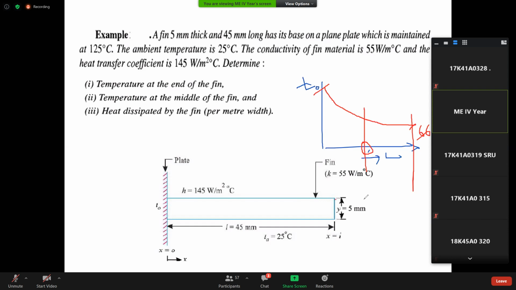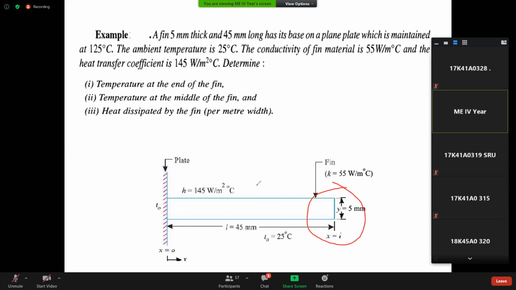Suppose we increase this length, the temperature may reduce further. This is the significance of this problem. Whatever problem we are doing, whether it is right or wrong, we have to cross check it. Suppose you got 66 here, and here you get 50, that is wrong, something is wrong.